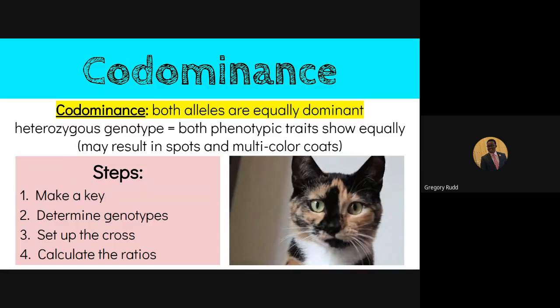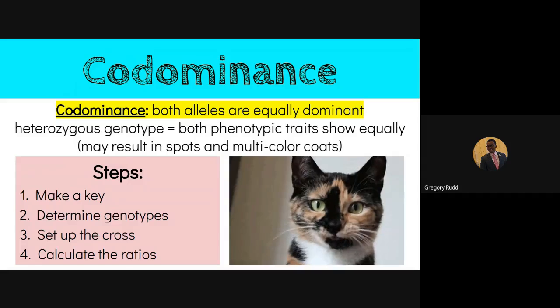Codominance is when both alleles are equally dominant. There is not one allele that is recessive. And again, we always want to focus on the heterozygous genotype. That will allow us to describe this type of inheritance. So what happens with the heterozygous genotype in the case of codominance is that both phenotypic traits are equally shown.